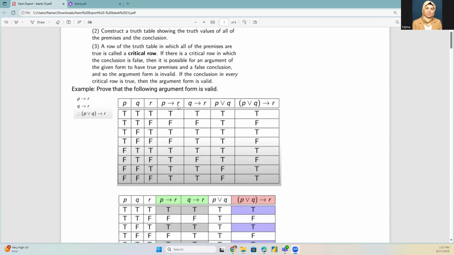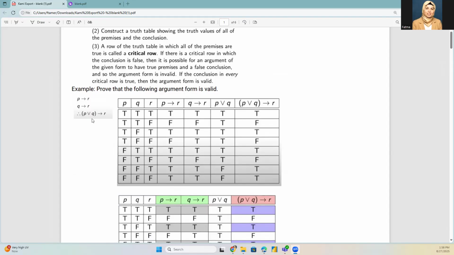Now we look at the second premise, if Q, then R. For everything else we have true, except when Q is true and R is false, where we get a false result. This is the truth table for if Q, then R.